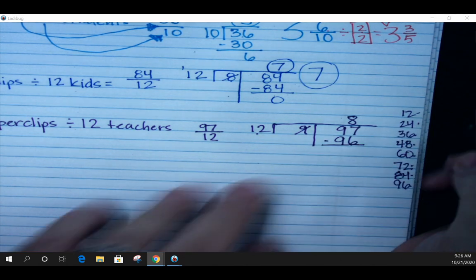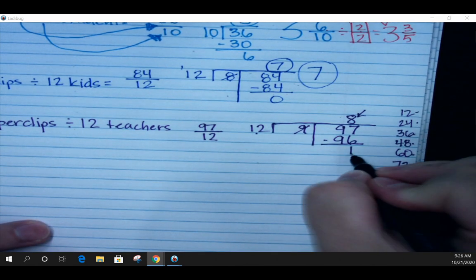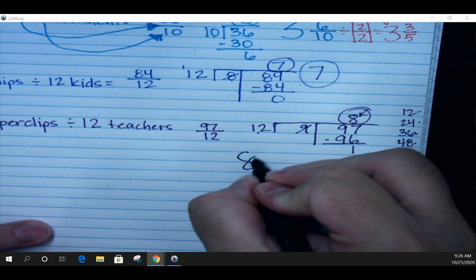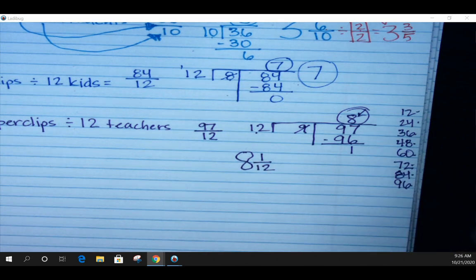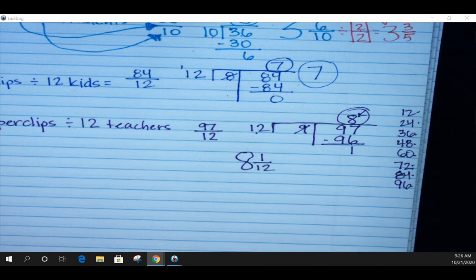Each teacher gets 8. This is the whole, right? Each teacher gets 8 and 1/12. Well, can I get 1/12 of a paper clip? No, that'll just be left over. Okay, makes sense?